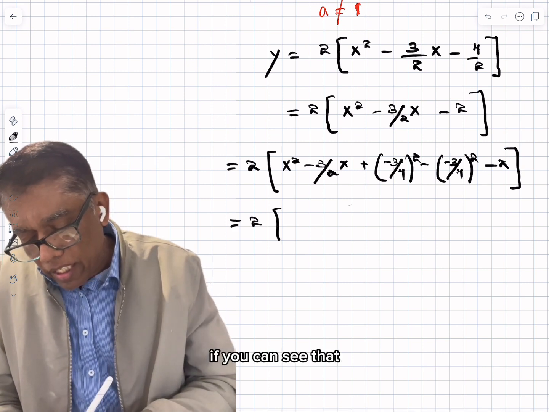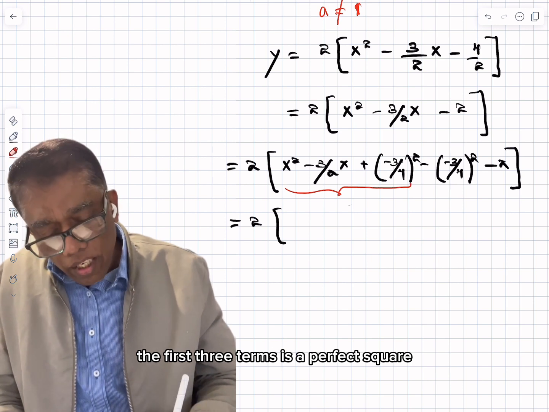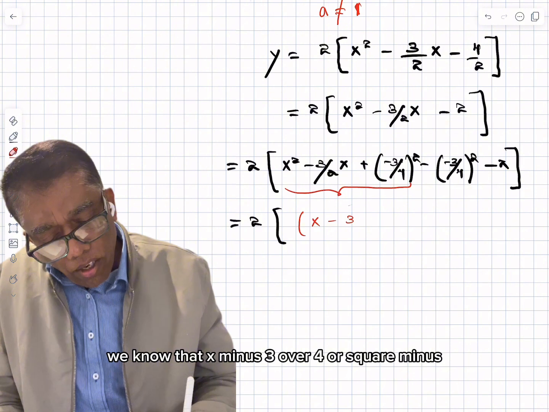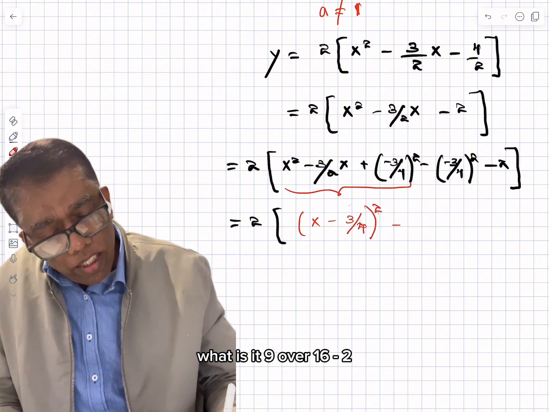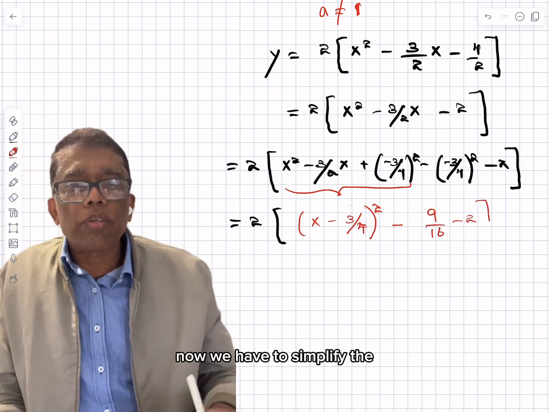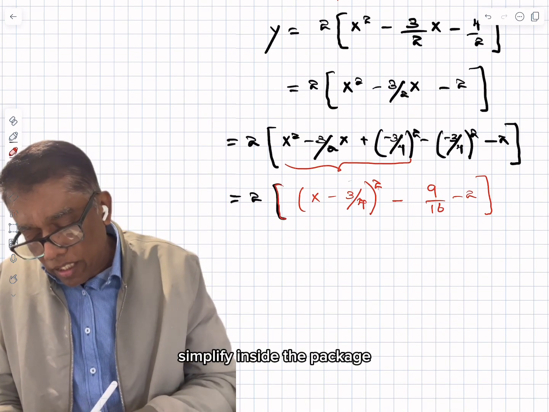Now if we consider the first three terms, it is a perfect square. We know that (x minus 3 over 4) whole square minus 9 over 16 minus 2. Now we have to simplify inside the bracket.